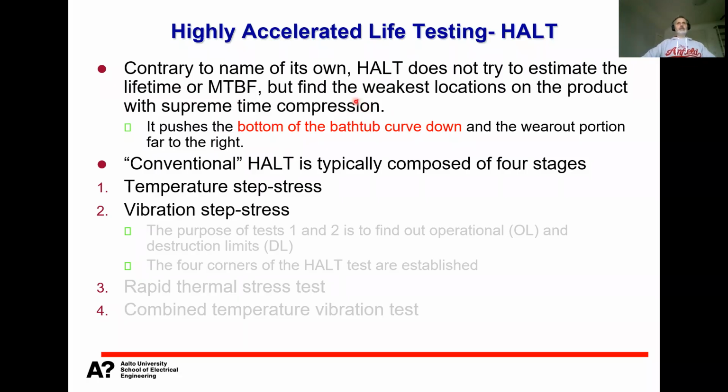And when we do this, we make our product more robust, so it can withstand higher stresses without failing. That means that most probably we push the bottom of the bathtub curve down, so we decrease the random failures, so we increase the mean time to failure value, and also we push the wear out portion of the bathtub curve far to the right.